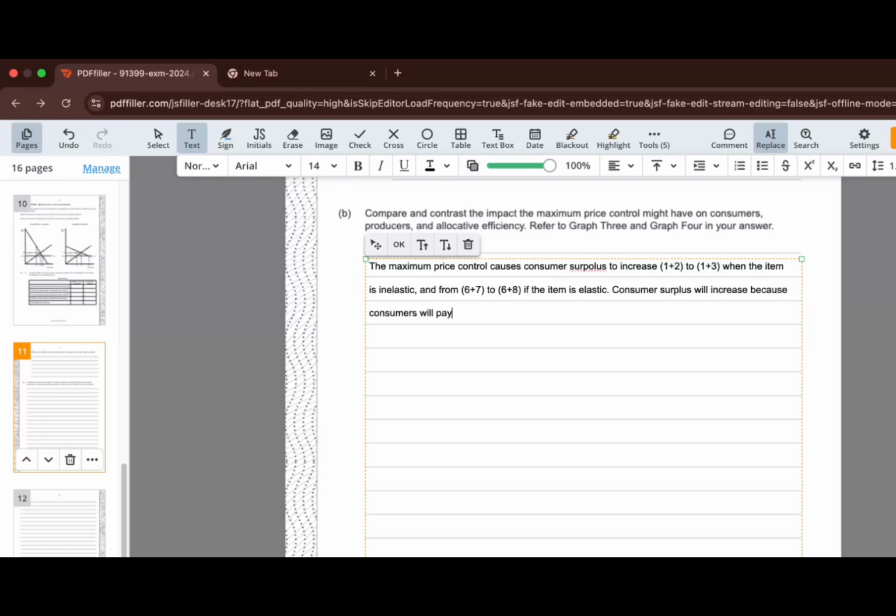We'll pay the lower price of P max as opposed to the original price at PE, P equilibrium, the price at equilibrium, making the difference between what consumers are willing and able to pay increase. All right, guys, just that kind of classic line they always like to see and always good to reference.